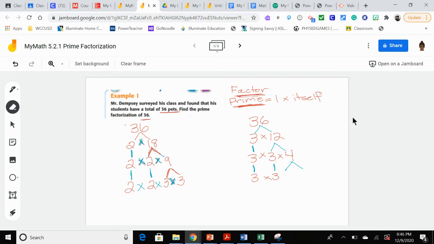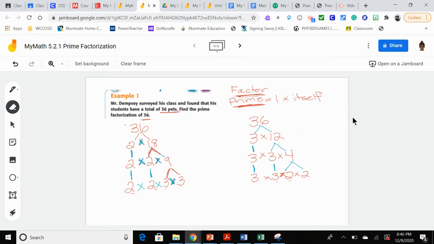So I've got 3 times 3 times 2 times 2, because 2 times 2 equals 4. So my prime numbers, and I want you to see this, are 2 3s and 2 2s here. 2 2s and 2 3s here. Same numbers.